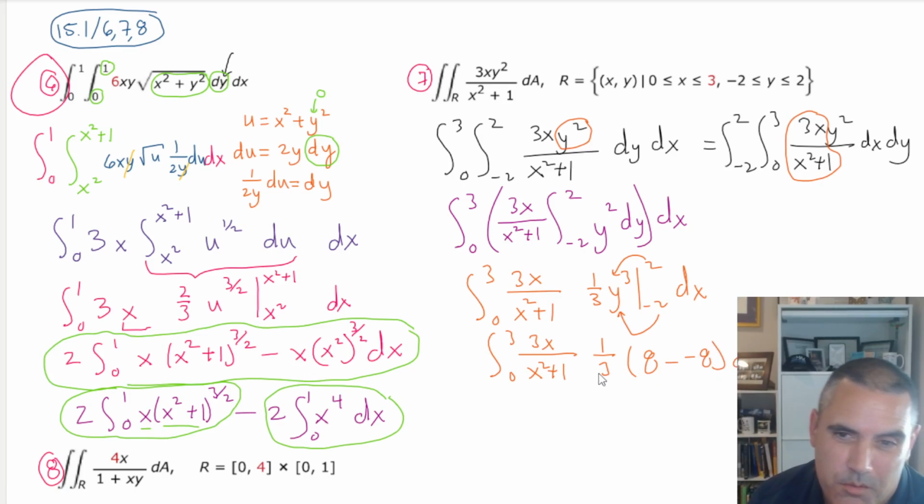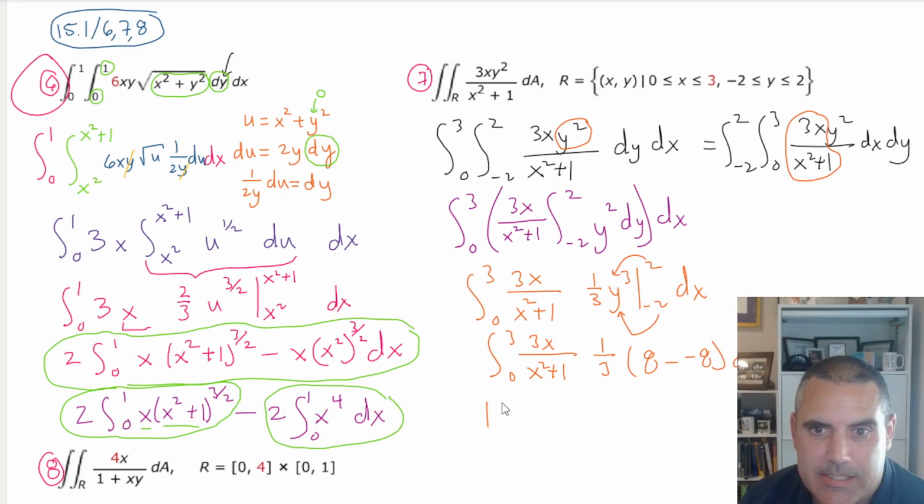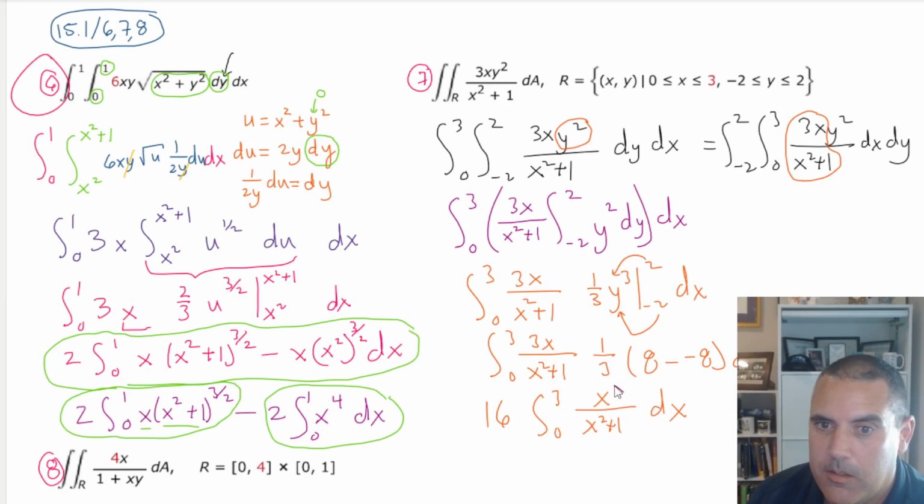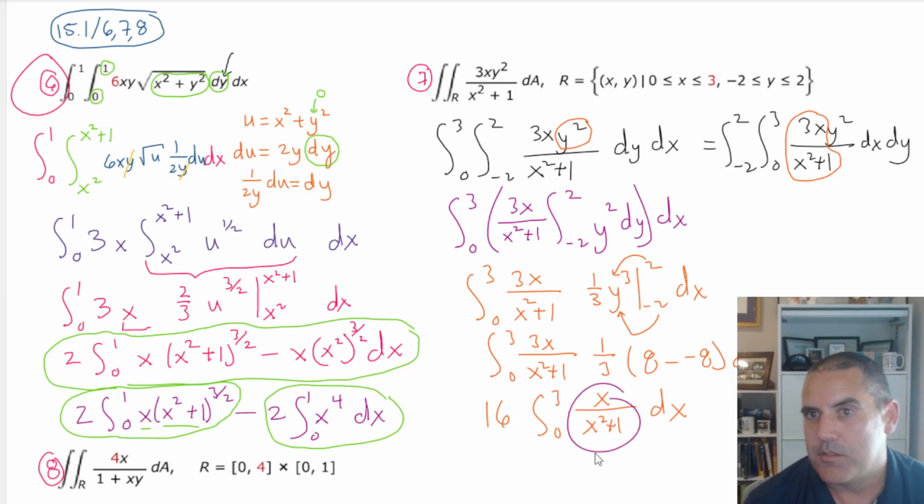So you have to be careful with your numbers. You get 16, the 3's cancel, the integral from 0 to 3. And I might have made a mistake here. Again, I'm not trying to compute it all out. Don't completely trust me. But at this moment, that falls into another substitution problem.